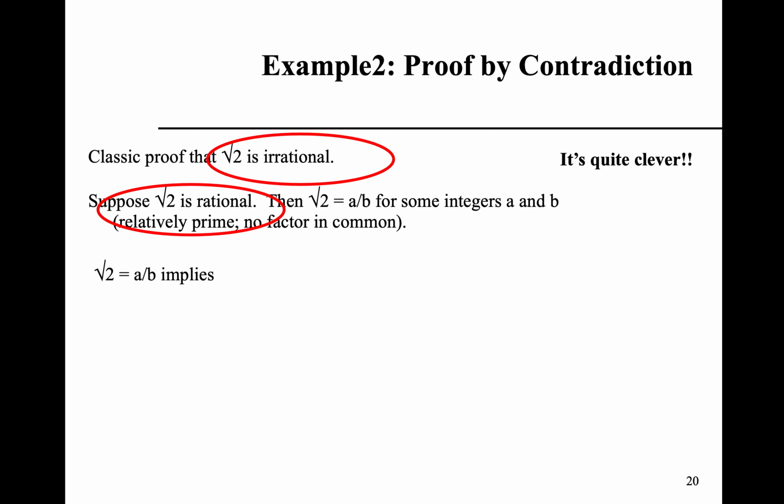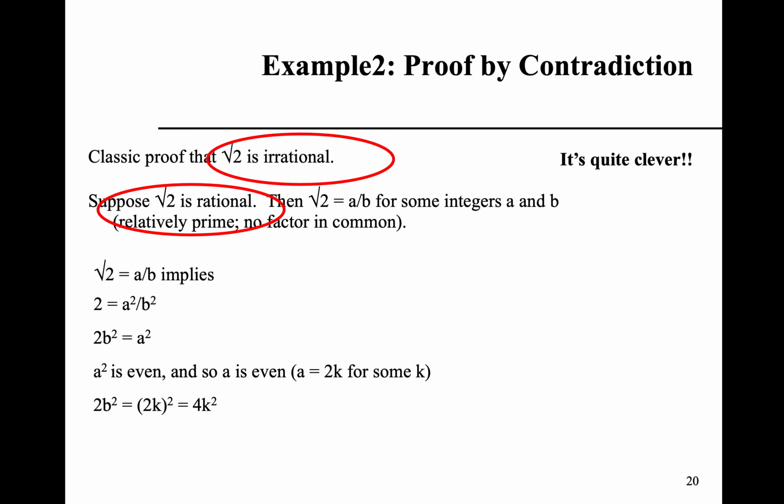Now, square root of 2 equal to a by b implies that 2 is equal to a square by b square. This is normal. We've just taken the square root and moved it around. Once we've done that, we can move things around where 2b square equal to a square. And now if a square is even, so a is even as well. For some specific case, this could obviously be different.